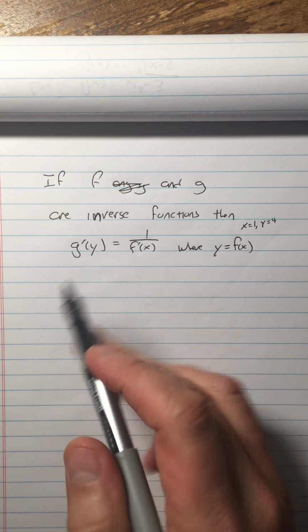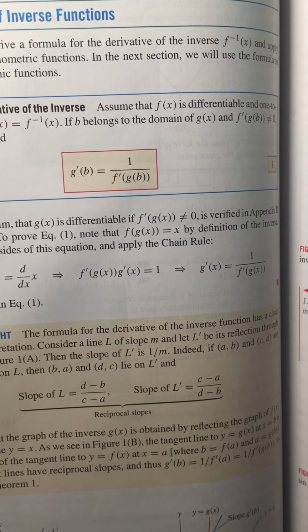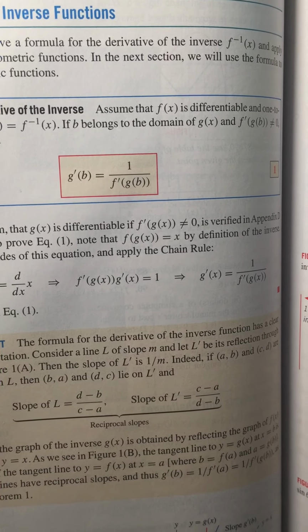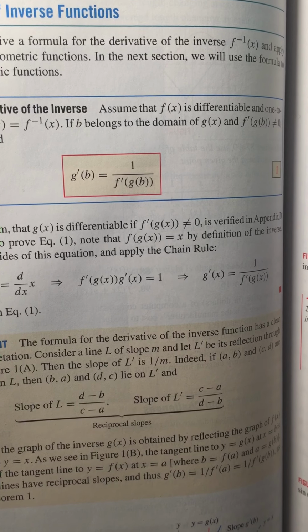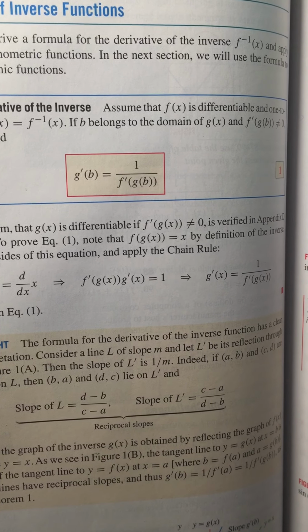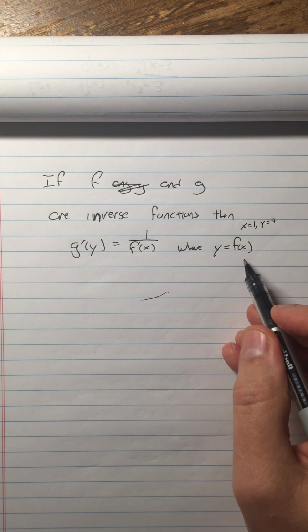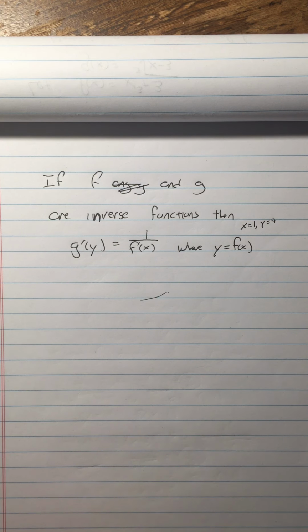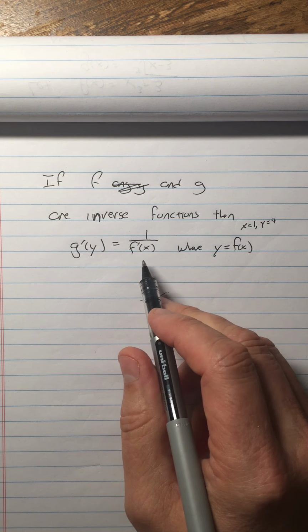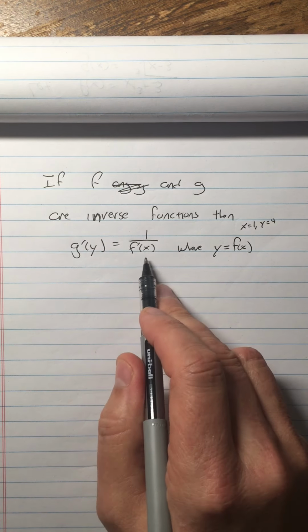By the way, Rogawski writes it this way, a little bit closer to what I write, but you see how they do g prime of b equals 1 over f prime of g of b, where I call this x and then say y is equal to f of x. But their g, by the way, is the inverse function, so that's why they have b here and g of b here.